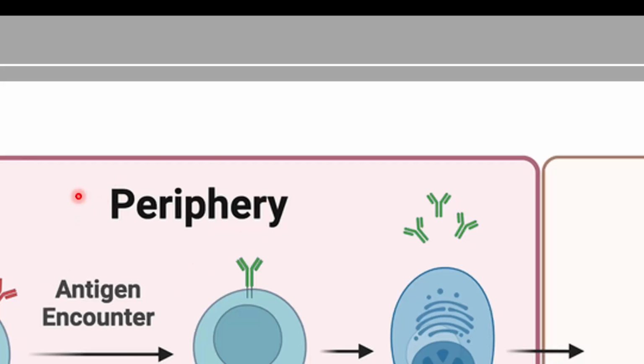Now what happens to a B cell? So there is a naive B cell. Naive B cell means this B cell doesn't know anything. It's just out of its birth. Now when does it get activated? Whenever it encounters an antigen, whenever there is a pathogen or a self antigen which it has to recognize, this cell gets activated. And also with the help of T cells. T cells are helper cells.